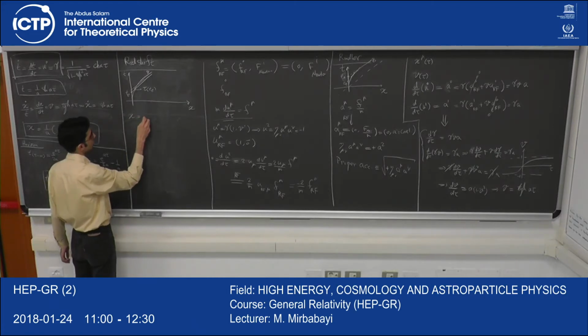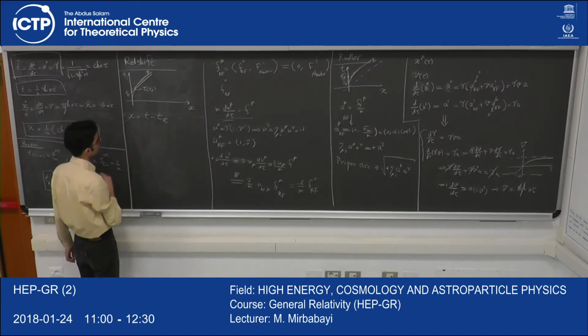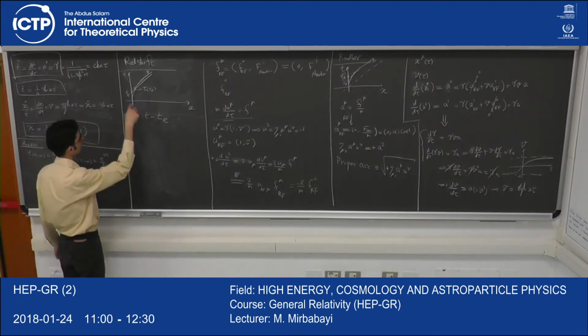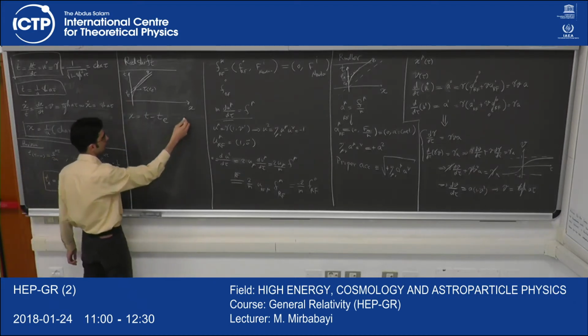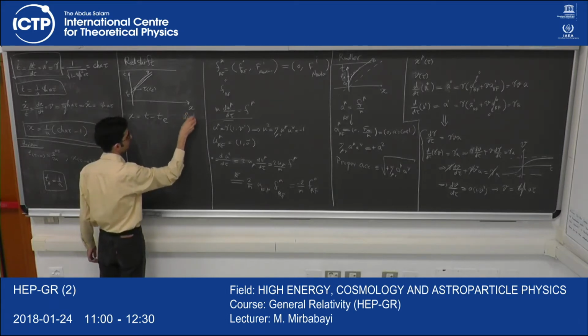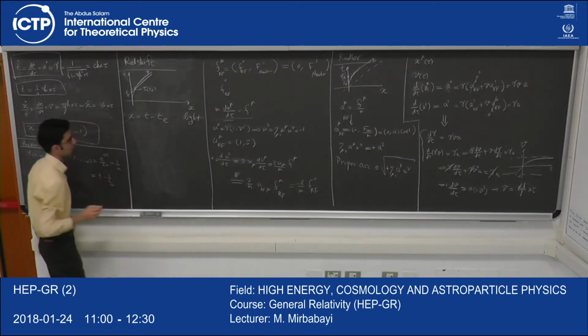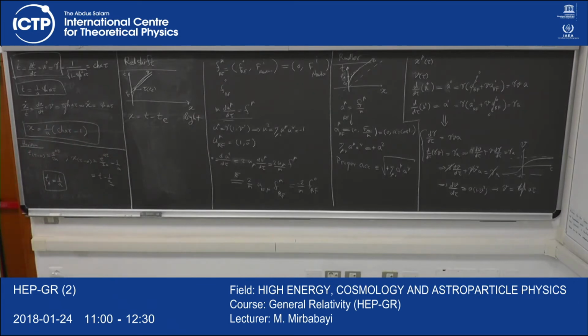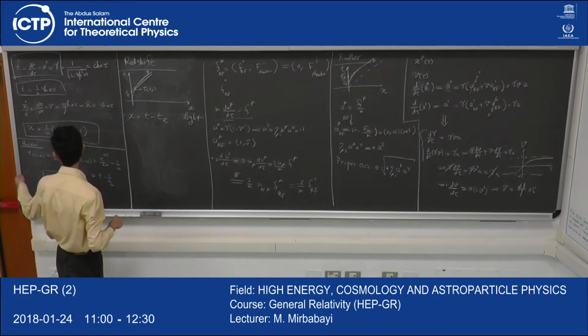So x is equal to t minus TE. So at t equal TE, it is at the center. That's the signal, and that's the line. Then we want to intersect it with the trajectory of Bob.